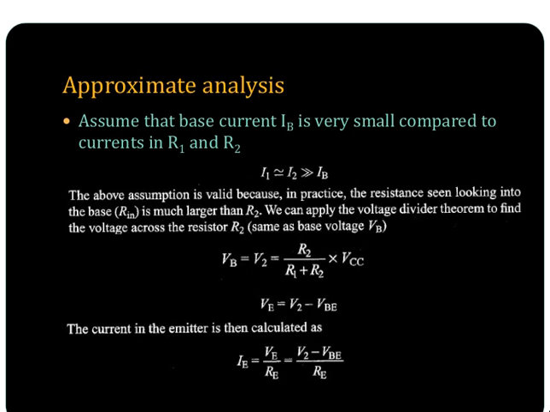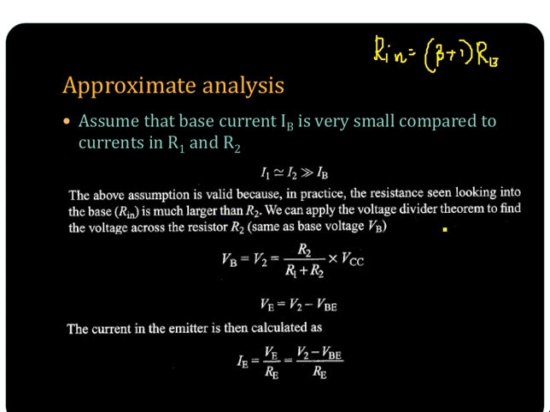Now we are going for an approximate analysis of this particular circuit. Assume that the base current IB is very small compared to the currents through R1 and R2. That is, I1 and I2 are approximately equal and very much greater than IB. This assumption is valid because the resistance seen looking into the base, Rin, is much larger than R2. Rin is equal to beta plus 1 times RE, and beta is a very large value, so this is much larger than R2.